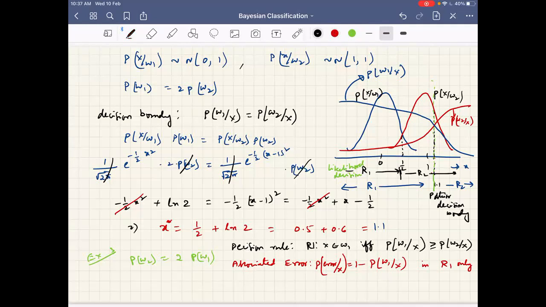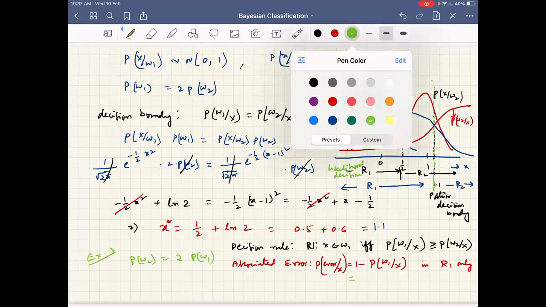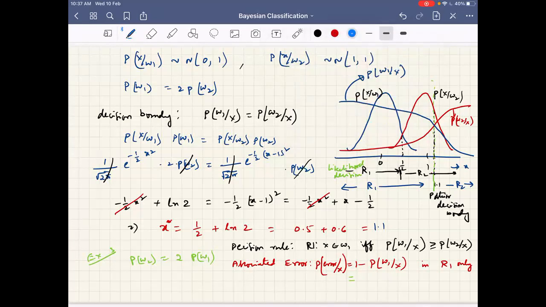I want to know the error in R2 as well. How do I get the error in R2? What is the error in R2? 1 minus P of omega 2 given X. Okay, fine, very good.